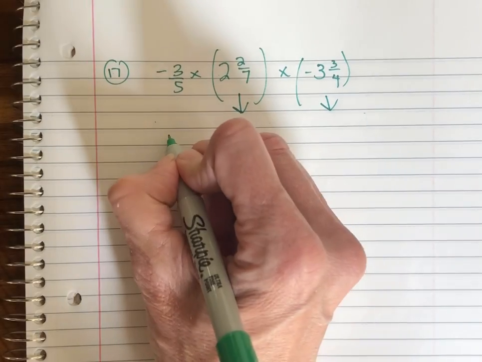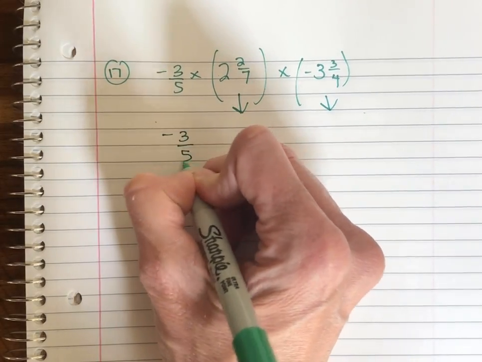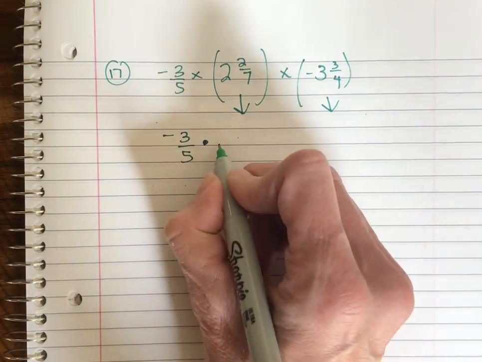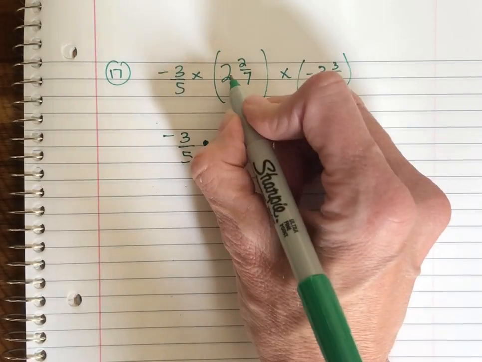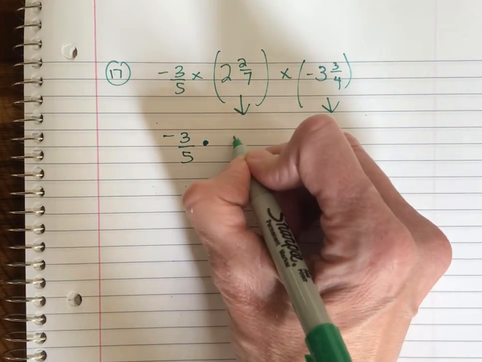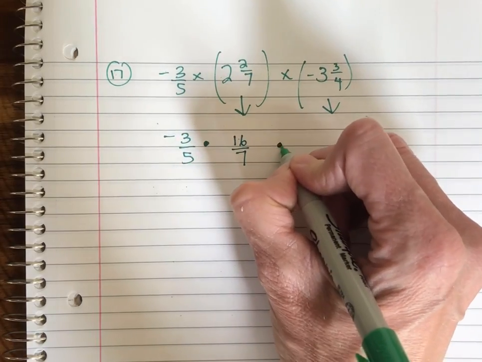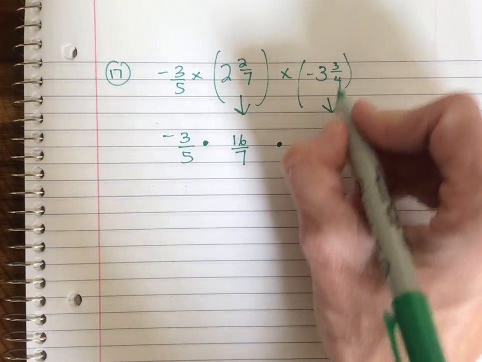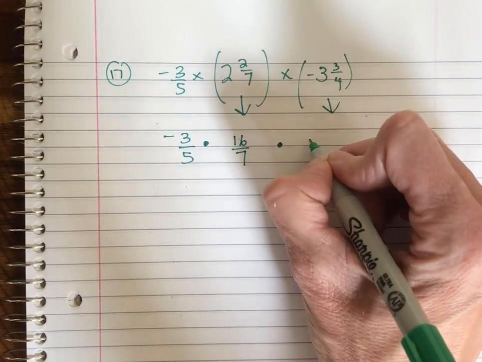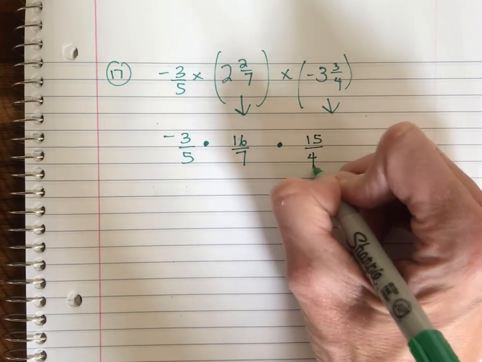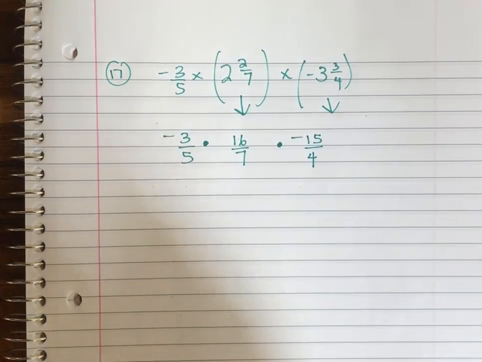I'm gonna drop down my negative 3/5 times, I'm gonna use this symbol instead. 7 times 2 is 14, plus 2 is 16 over 7, times 3 times 4 is 12, plus 3 is 15 over 4. And I'm gonna drop in my negative.